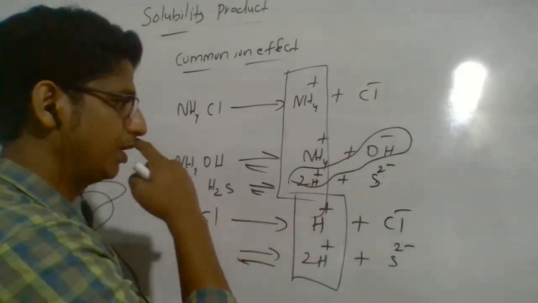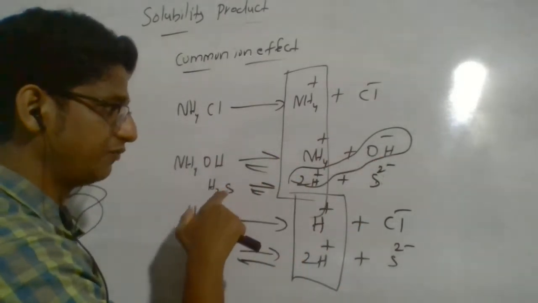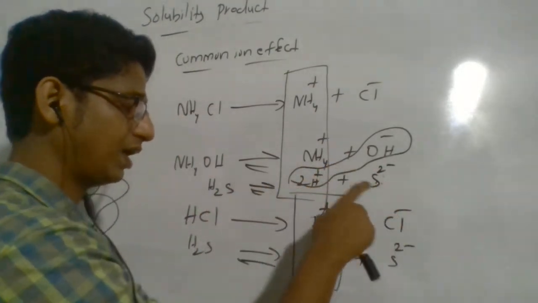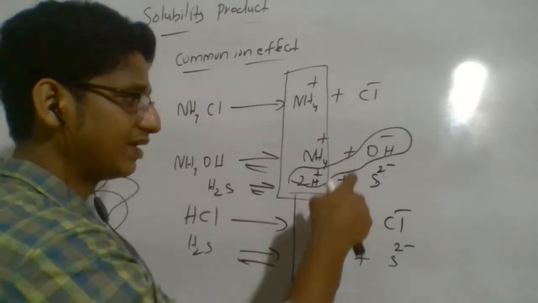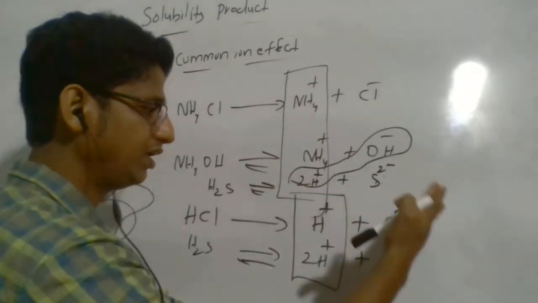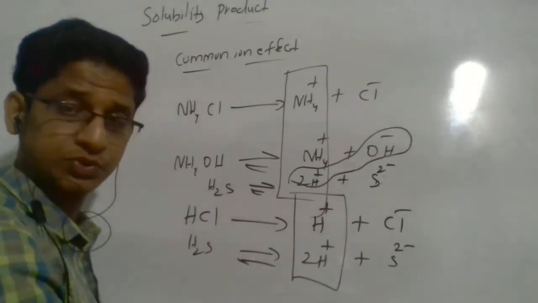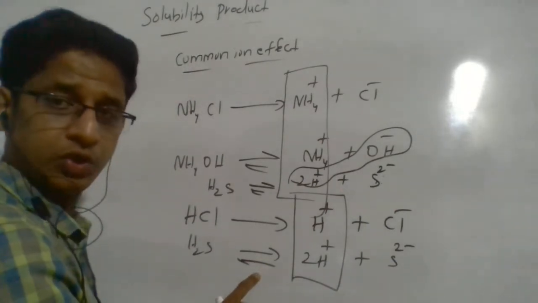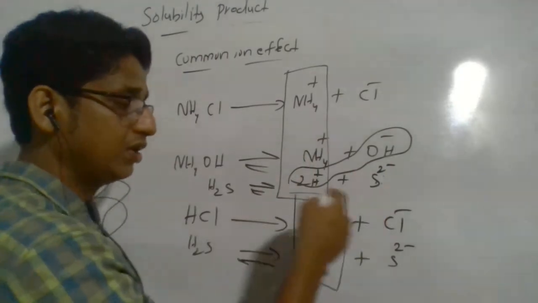The equilibrium will shift in the forward direction, meaning the sulfide ion concentration will be higher. That means the solubility product of group 4 metal sulfides is higher compared to that of group 2 metal sulfides, because the sulfide ion concentration is lower in group 2 and higher in group 4.